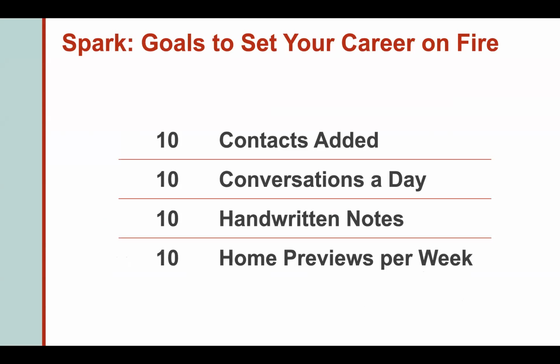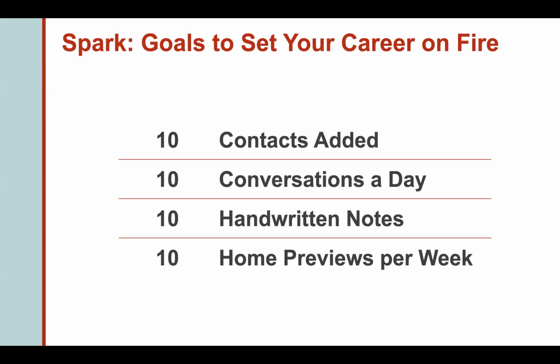So again, recapping: 10 contacts added, 10 conversations that you should have a day, 10 handwritten notes, and feel free to replace it with either emails or text. The handwritten notes that you send out now, you don't want them tossed, because people are concerned about touching, because mail changes so many hands before it reaches your mailbox.